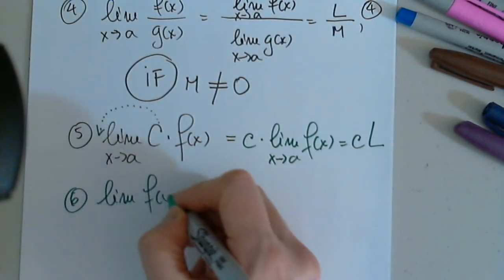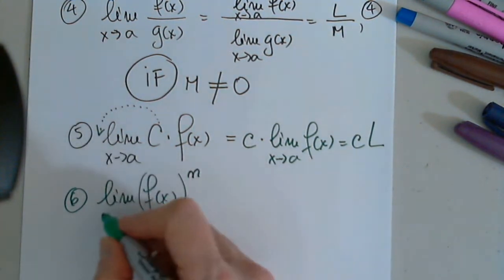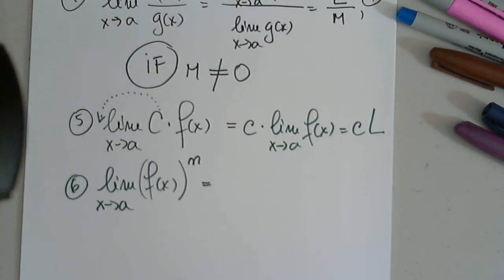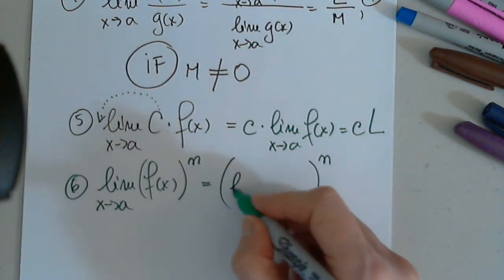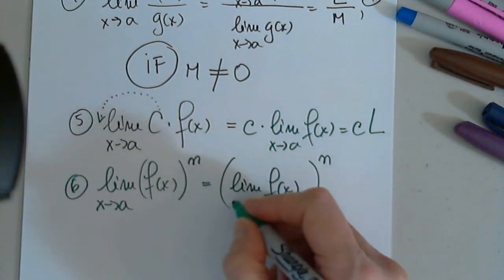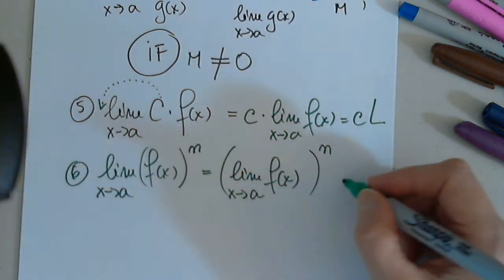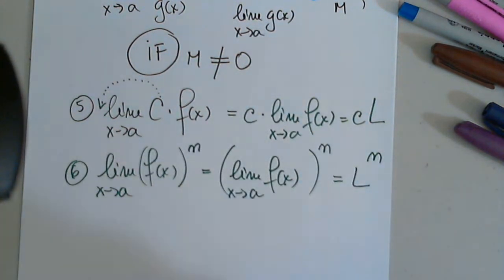And number 6, limit of f of x, where f of x is raised to the power n, as x approaches a. Of course, n has to be a positive integer. So this will follow the following rule. What is this equal to? L to the power of n. Good.